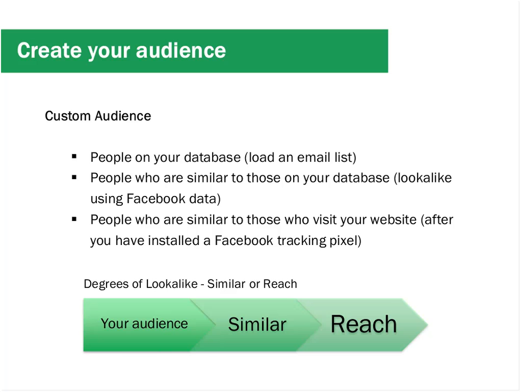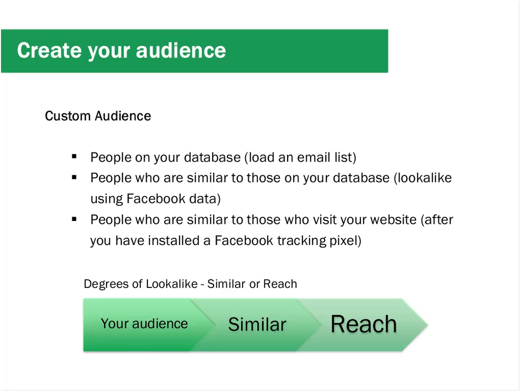You can also target people who are similar to those on your database. Now, this is the lookalike targeting that I mentioned earlier, and this is where we are finding we're getting the most value out of Facebook advertising at the moment. So once you have loaded that list of people who are on your database, Facebook will let you make a lookalike audience. There are degrees of lookalike audience.